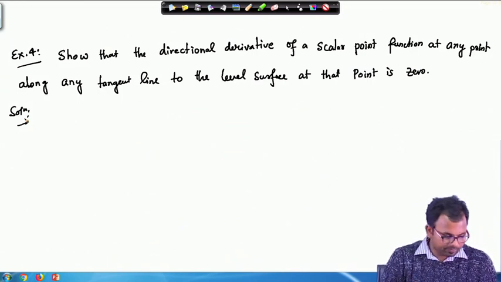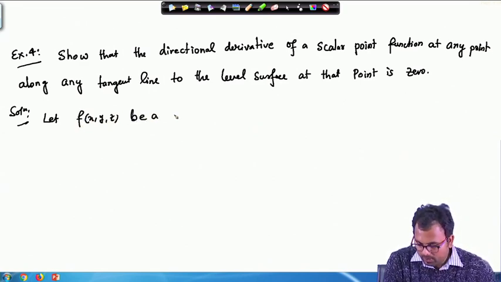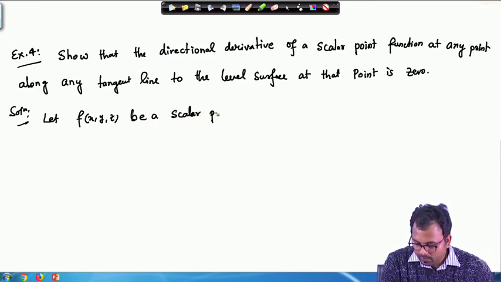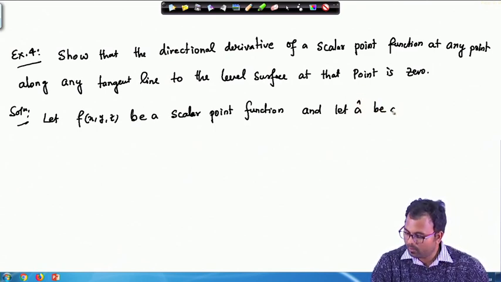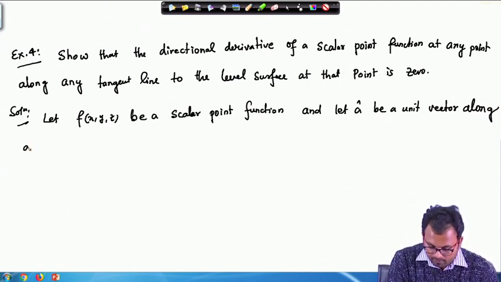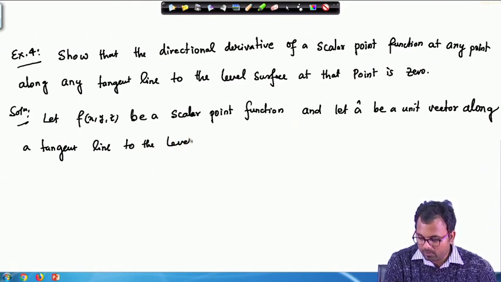So, we will start with: let f(x, y, z) be a scalar point function and let a cap be a unit vector along a tangent line to the level surface.